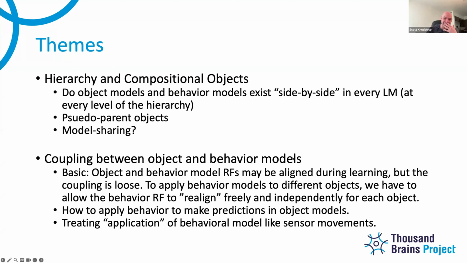All right, so some of the main themes that I was interested in touching on had to do with where behavior models are and who they operate on. Especially in the earlier days, we talked a lot about them being side by side in the same column as every tier. And at some point, we pivoted to thinking about them more in the parent column.